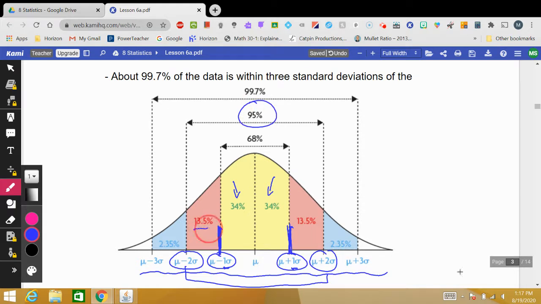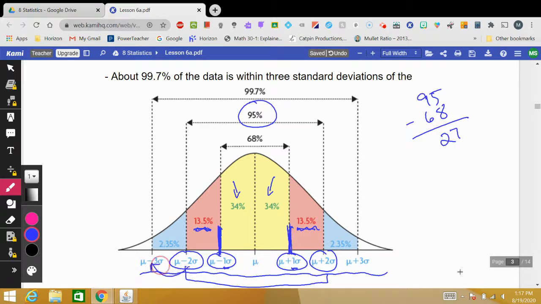Now, where does this number come from? Okay, so if you go 95 minus 68, what you will get when you do that is 27%. And then they just divide it in half, so 13.5 here and 13.5 there.